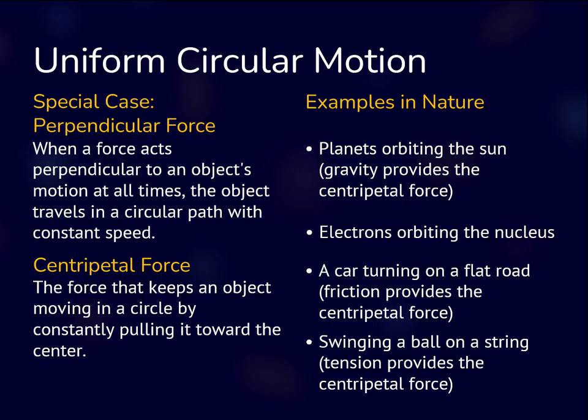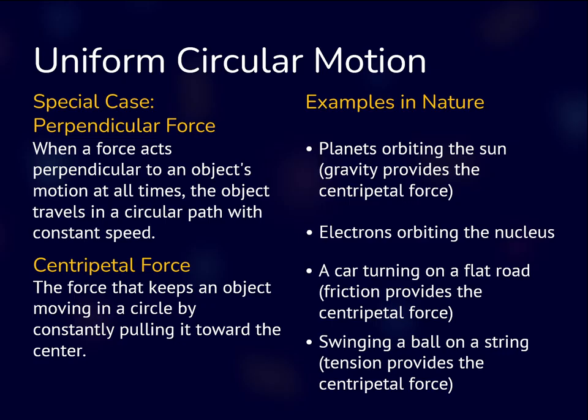Now, let's zoom in on a special case of force and motion: uniform circular motion. This is when an object moves in a circular path at a constant speed, but its direction keeps changing. In physics, if direction changes, it means the object is accelerating, even if its speed stays the same. But why?